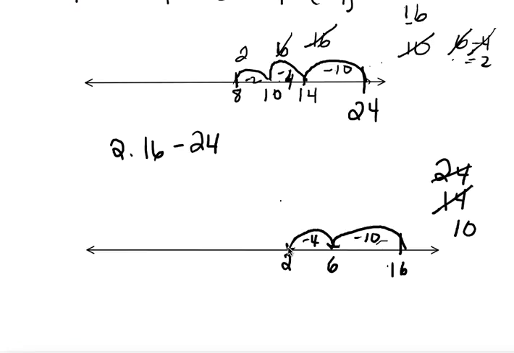Now I have 2. So prior to giving students a question like this with a number line, you have to explain to them that they're allowed to go past 0. And this question would only be given to students when you've already talked about positive and negative numbers, but it's completely doable with a number line.